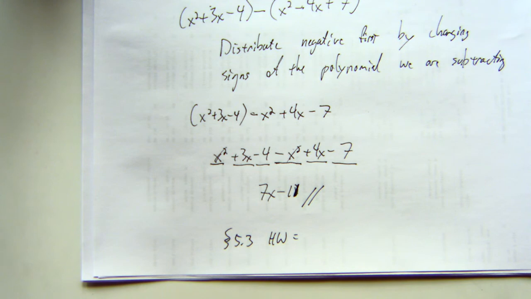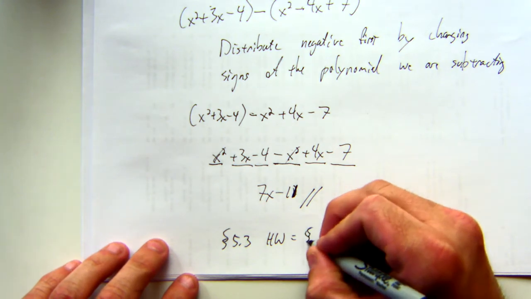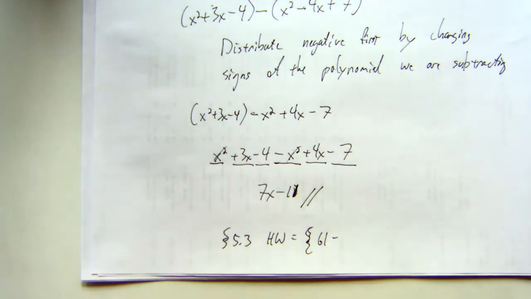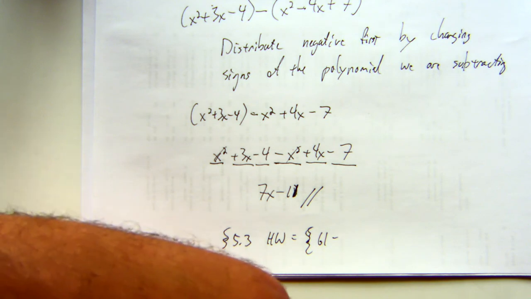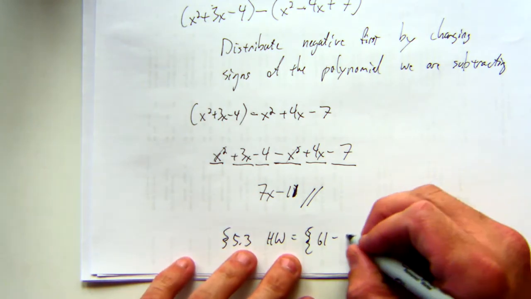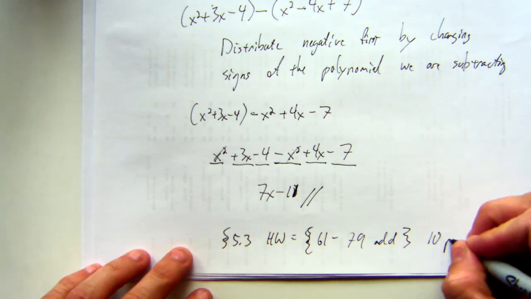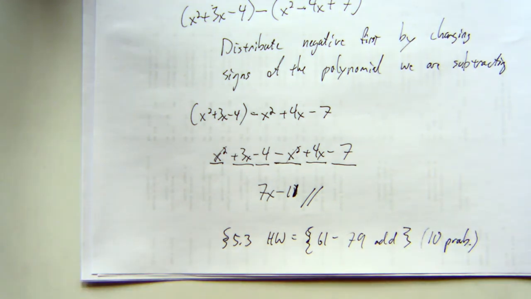Section 5.3, we'll just do 61 through 79, odd. I think that's only about 10 problems. I just gave you 8 problems in 5.2, just 10 problems in 5.3.